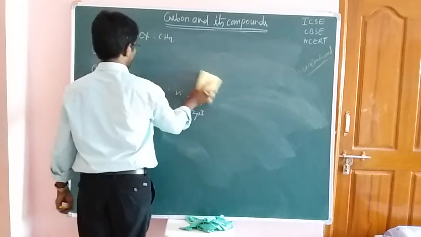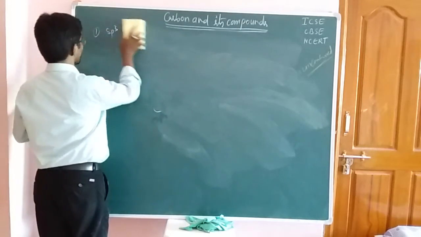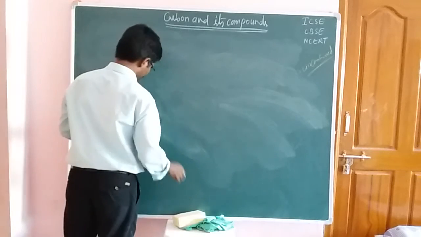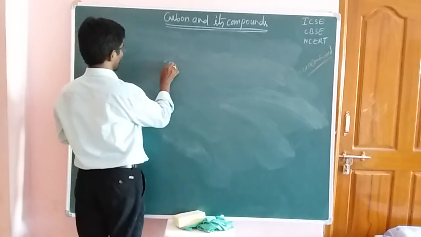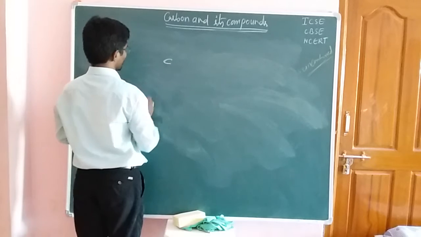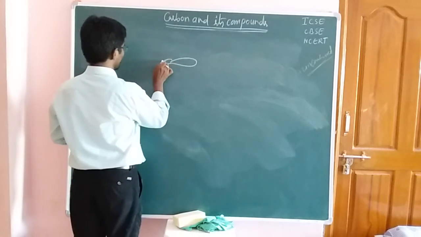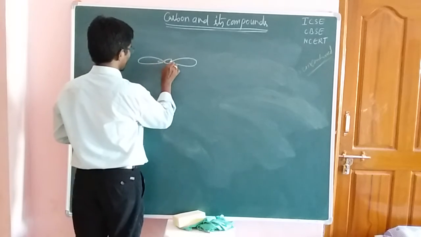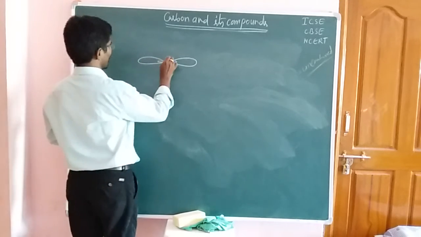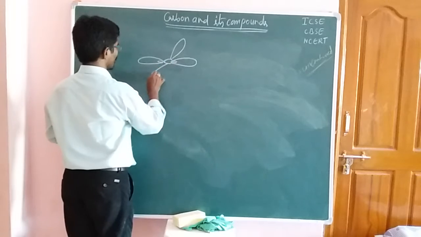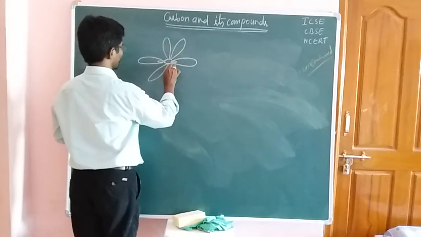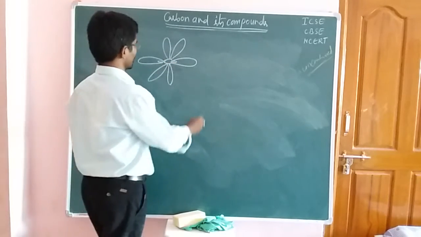If you take this carbon atom, carbon undergoes sp hybridization, with only the s orbital and one p orbital. So this is the sp hybridized orbital of carbon. Again, two non-bonding electrons are present.